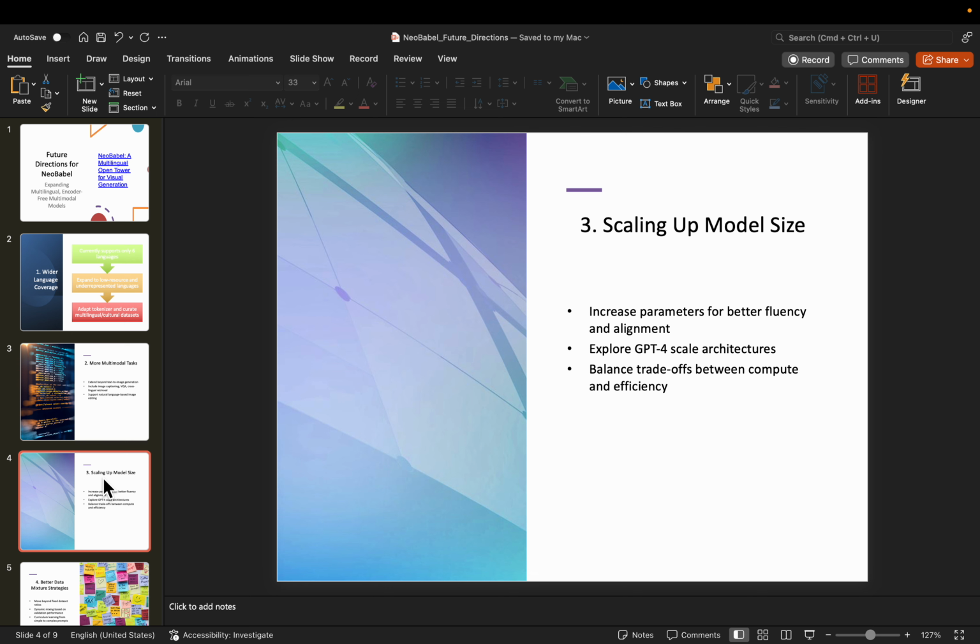It has been stated in the paper that the parameter size of NeoBabel is very modest compared to other cutting edge models on the market.